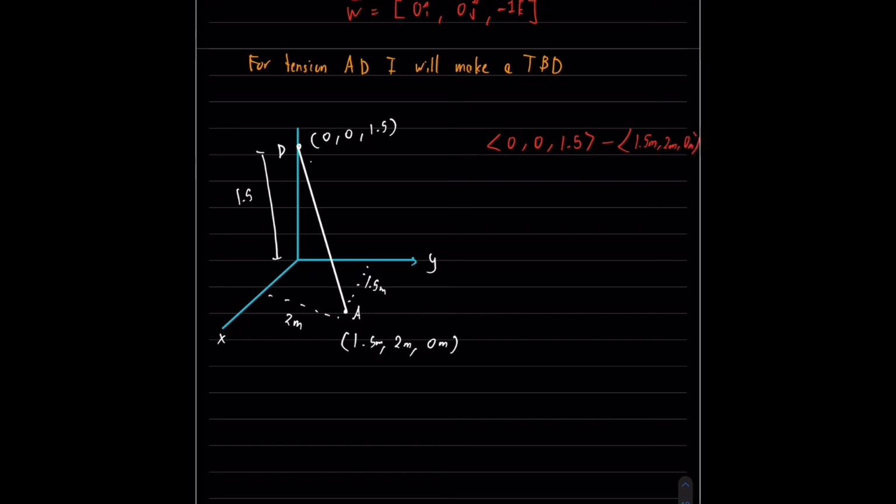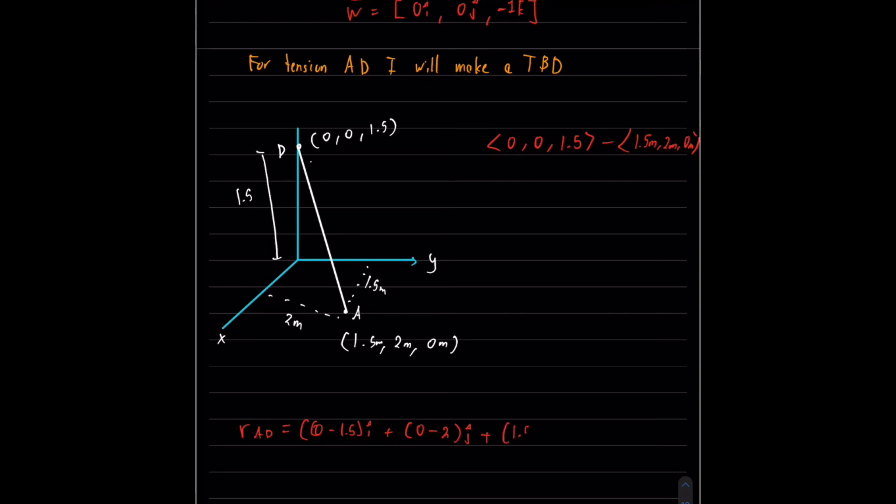Almost ran out of space there. Okay, so AD will equal 0 minus 1.5 in the i direction. I should really get more space here. Plus 0 minus 2 meters in the j direction. I'm leaving the units off here because I already mentioned them.